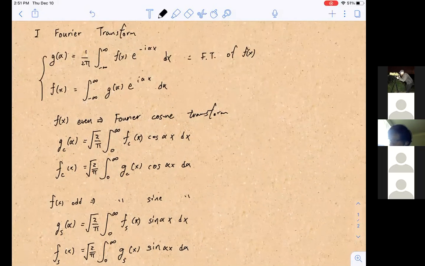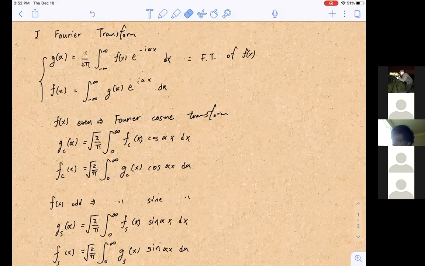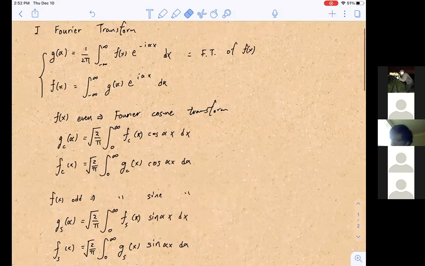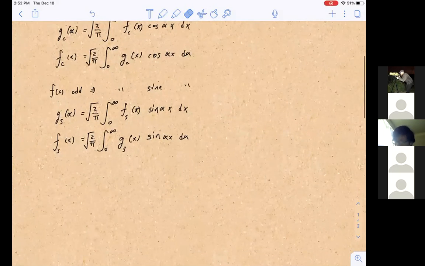So g of alpha is the Fourier transform of f of x, and if the question asks you to find the Fourier transform, that's it, find g of alpha. If the question asks you to write f of x in terms of g of alpha, then you write down the second line.